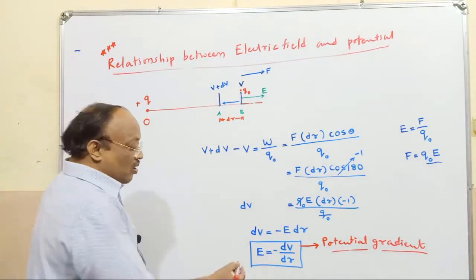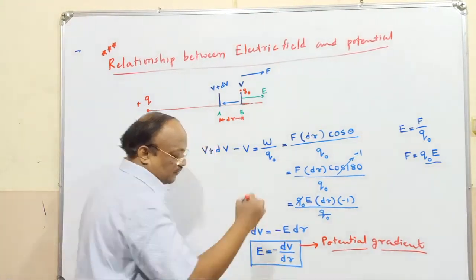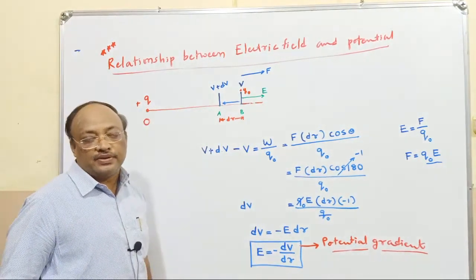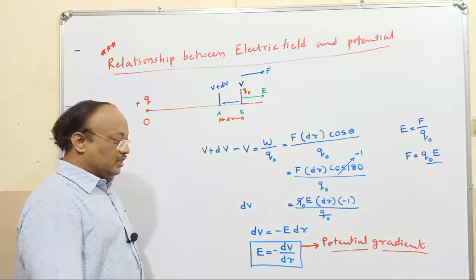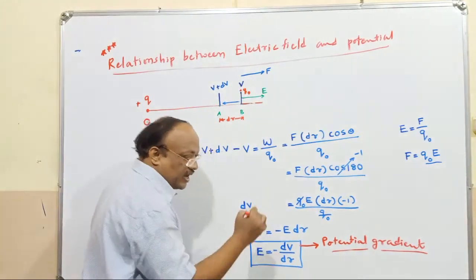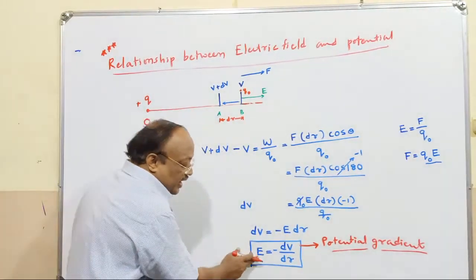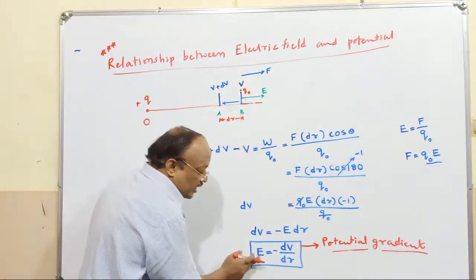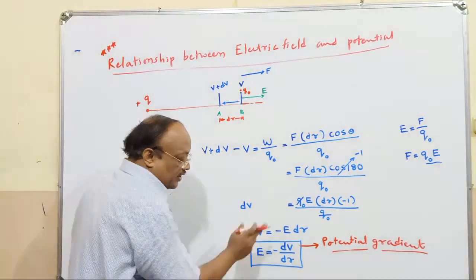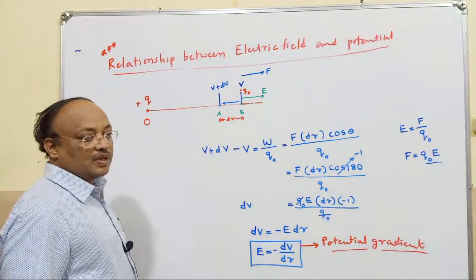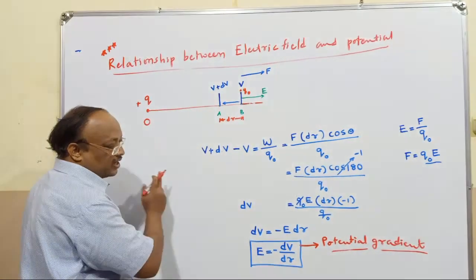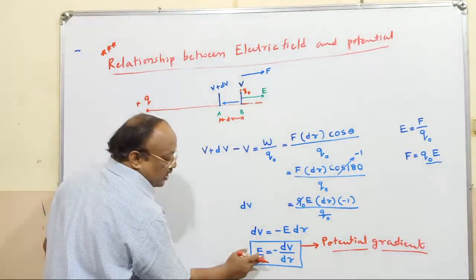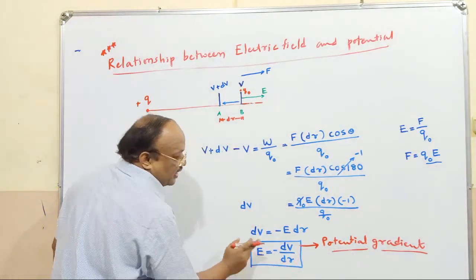Then what is the significance of this negative sign here? Very important: in the direction of the electric field, the potential goes on decreasing.